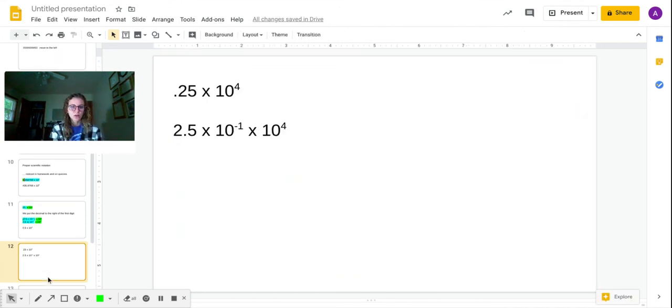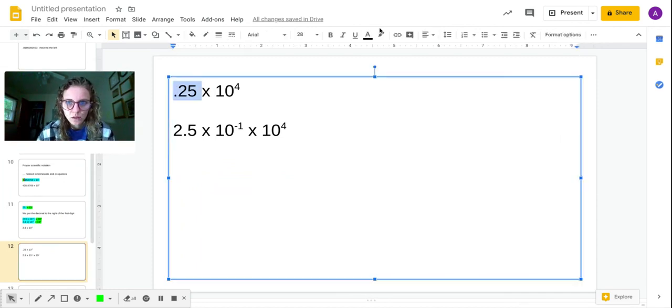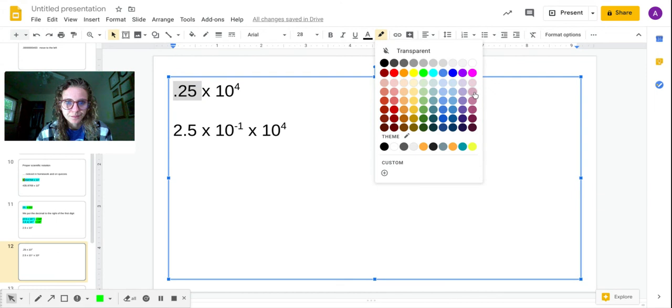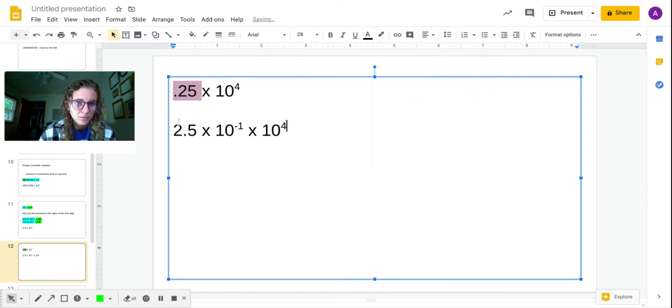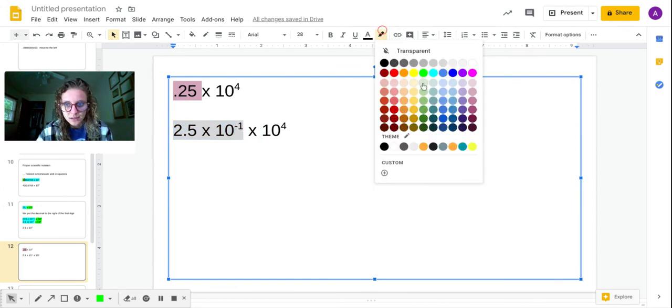Okay, so let's try going the other way. So here we have 2.5. Let's do a pink. Okay, we have 2.25. The decimal needs to be after the first digit. Okay, so this one is before the first digit, so we need to move it to after. So that is equivalent to this, right?